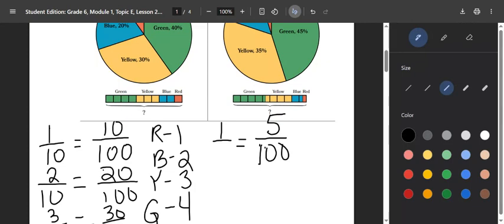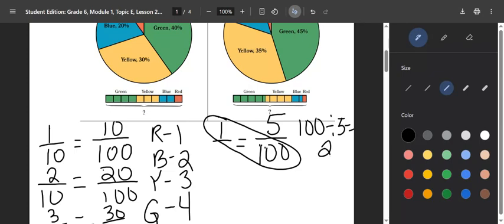All right, so let's do the part over whole equals percent over 100. So I cross multiply right here. There we go. If I cross multiply right here, I have 100, and 100 divided by 5 equals 20.